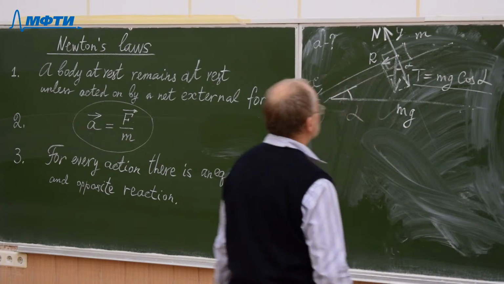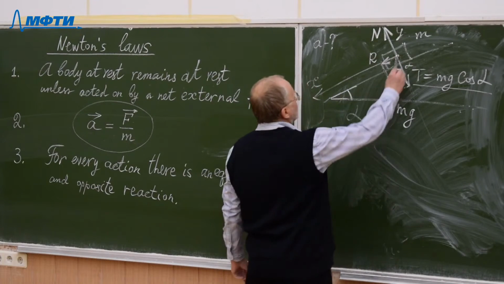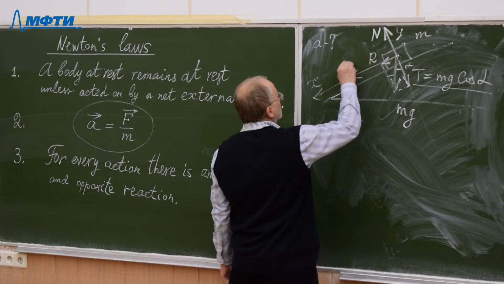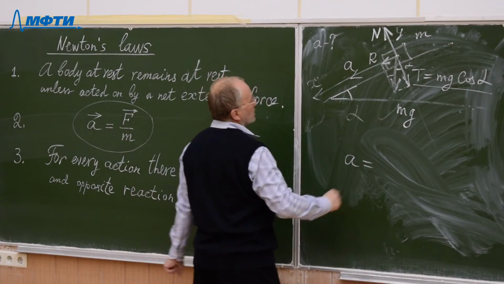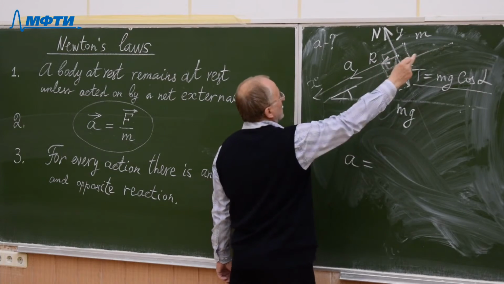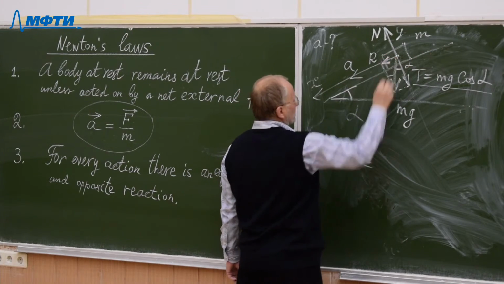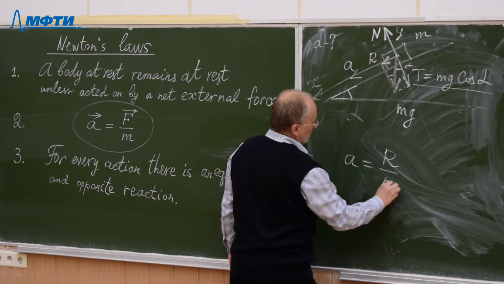So if you want to find the acceleration of this mass, the acceleration directed here, we have to use Newton's second law. We have to find the net force acting along the x direction, and this is r, the net force, divided by the mass of the block.